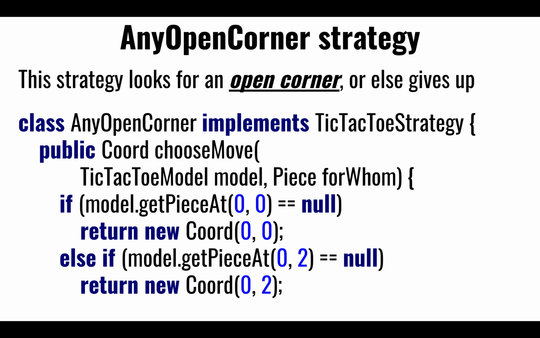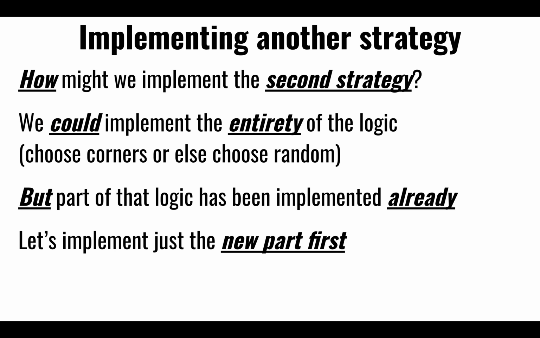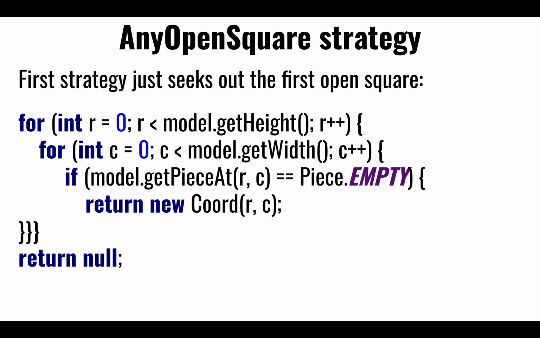To point out the fact that you can combine these two, for this to work, notice what this first strategy is doing. It's looking for the open spots, and when it doesn't find one, it returns null. See that? That flag of returning null is what's going to let us know that, hey, that strategy didn't work.